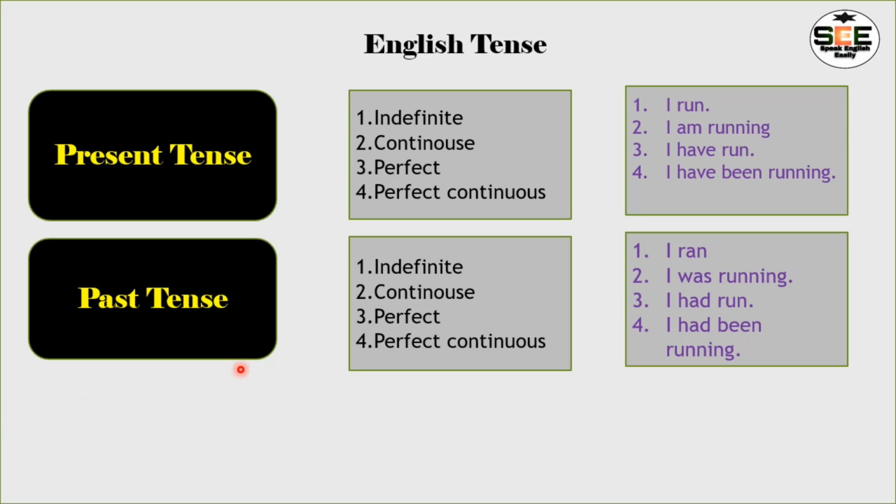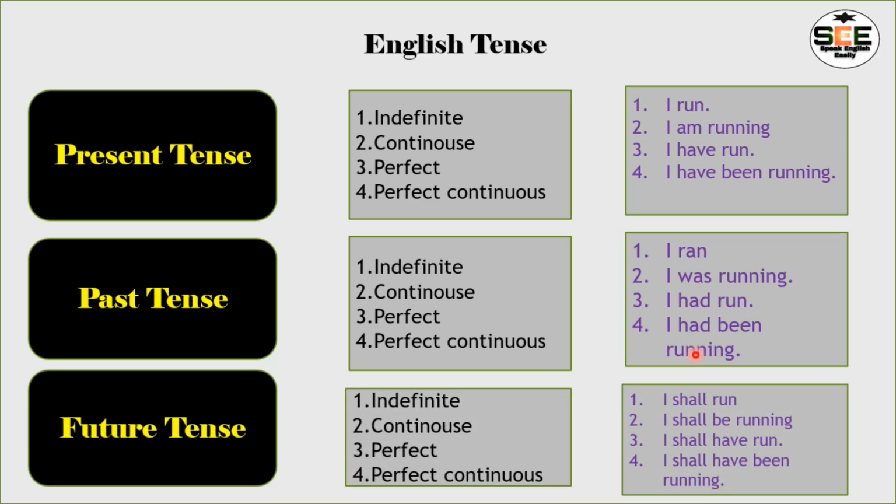The past continuous: I was running. Number three, past perfect: I had run. Number four, past perfect continuous: I had been running. So these are the four subtenses of past.